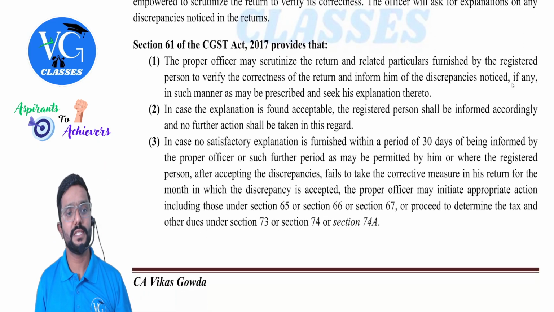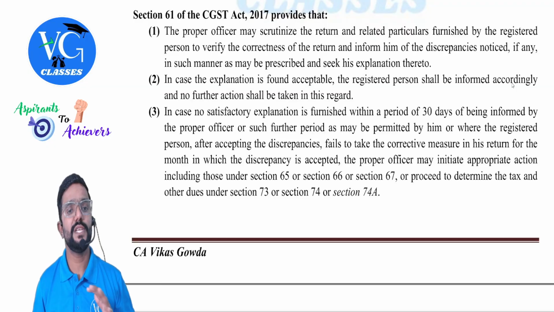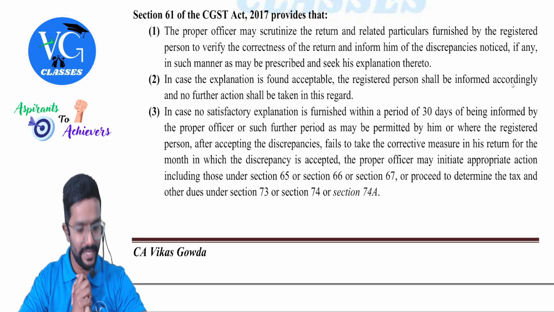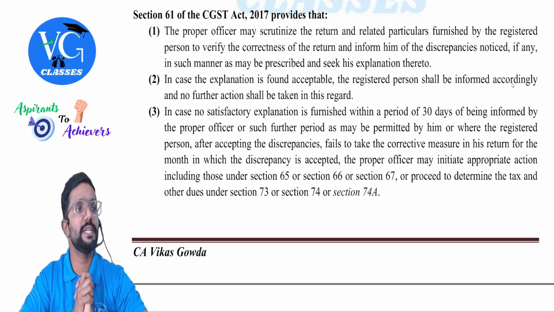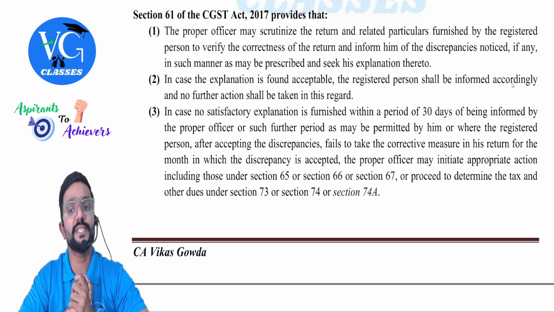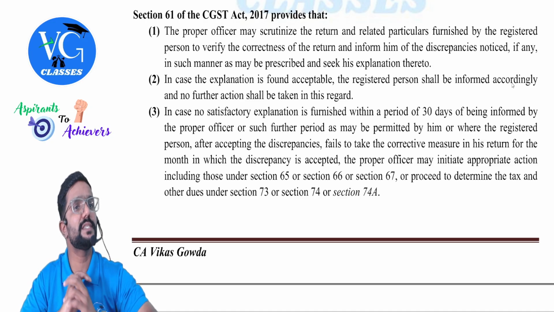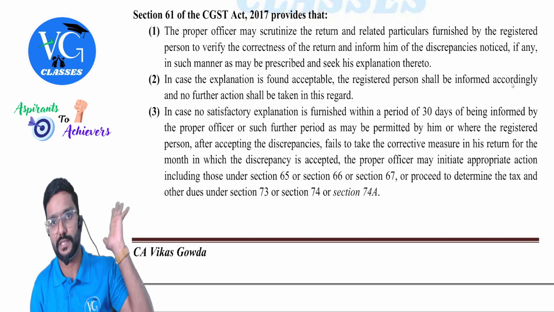Section 61 of the CGST Act 2017 provides, subsection 1: The proper officer may scrutinize the return and related particulars furnished by a registered person to verify the correctness of the return and inform him of the discrepancies noticed, if any. Discrepancies is nothing but the differences.